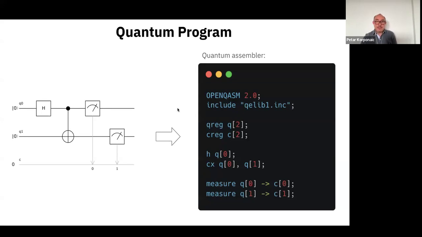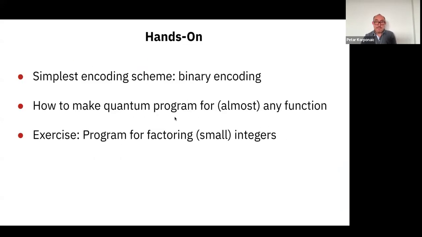Let's go to part 3, hands-on. I don't think I will make everything in 15 minutes, so let's see. I want to show you the simplest encoding scheme, which is binary encoding, how to encode binary numbers into a quantum state.